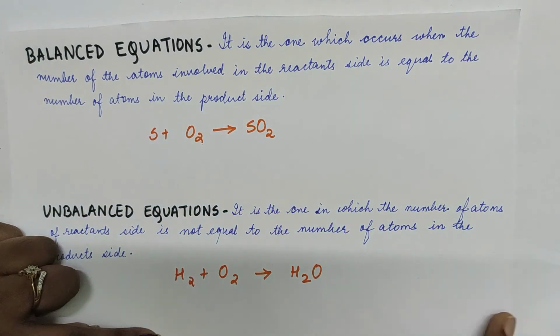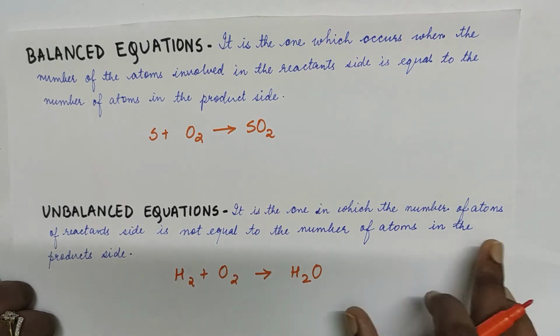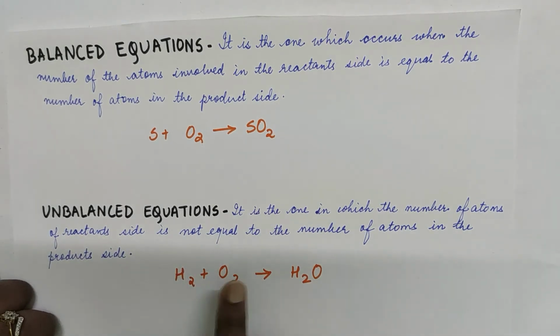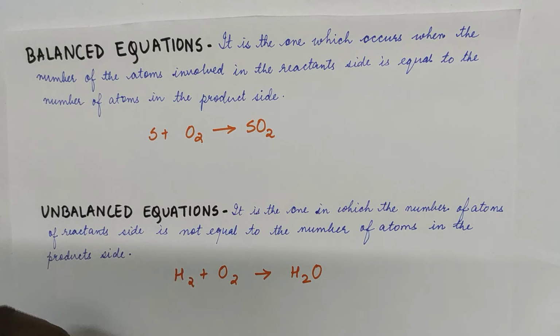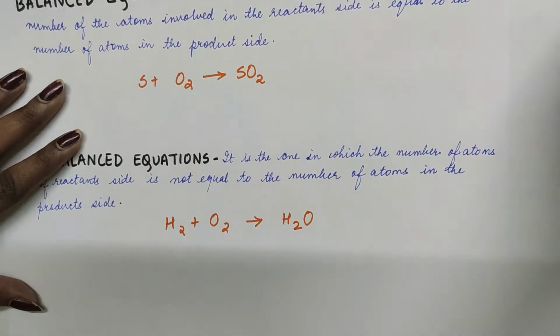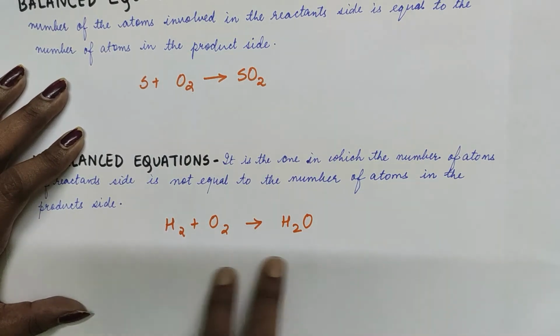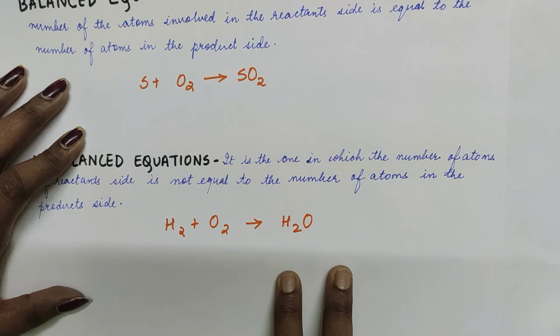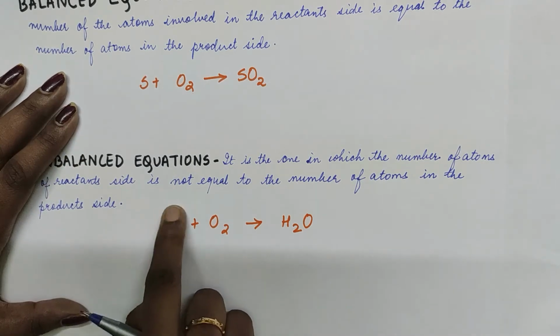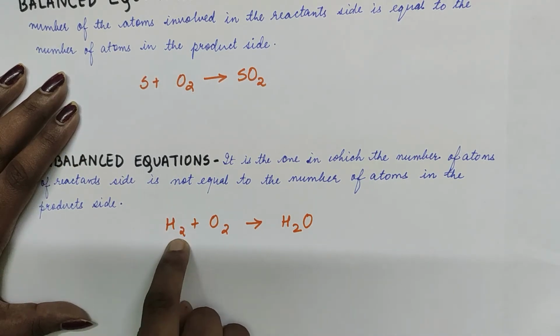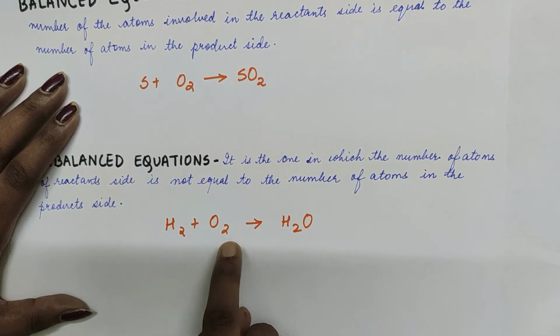And an unbalanced equation is one in which the number of atoms of the reactant is not equal to the number of atoms on the product side. So as you can see in the reaction here, I have written hydrogen plus oxygen gives water. This is a very common reaction, you might already know about it. So here if you see, the hydrogen is 2 and oxygen is also 2.